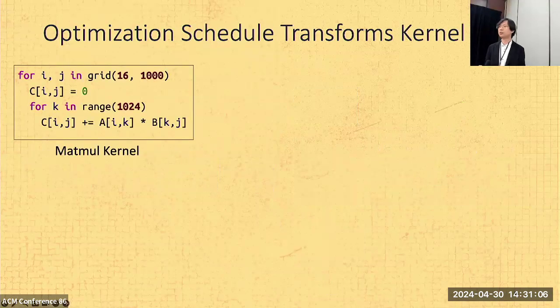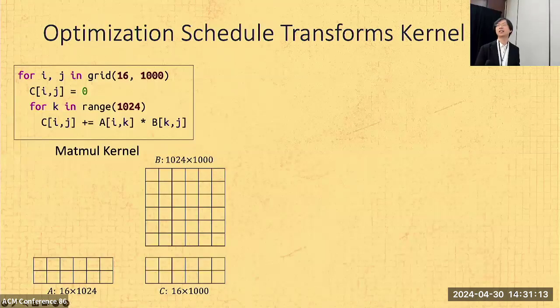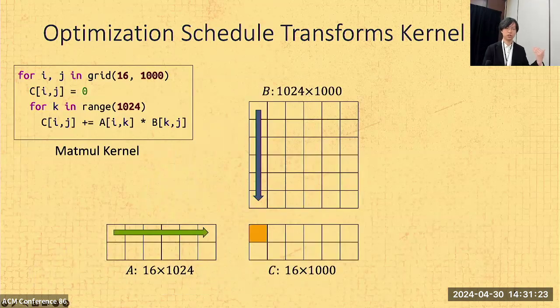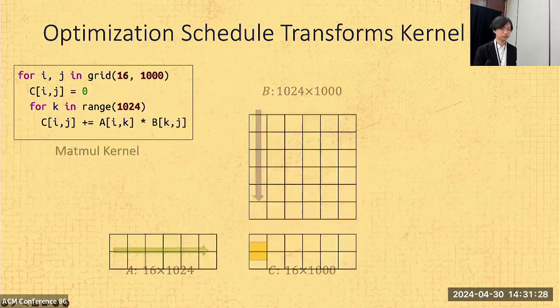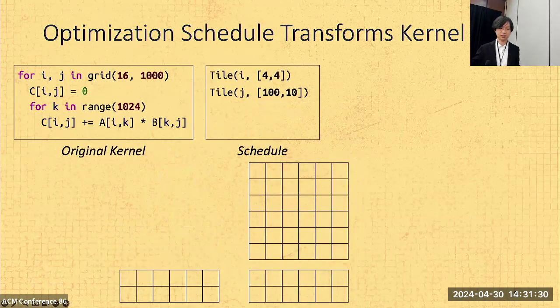Let me give you a concrete example. So this is a matrix multiplication, which takes two matrices, A and B, and outputs C. If you just write down the mathematical definition, the way it computes is really straightforward. It just goes through the first row, and then the second row, and so on. Here, this is a schedule.